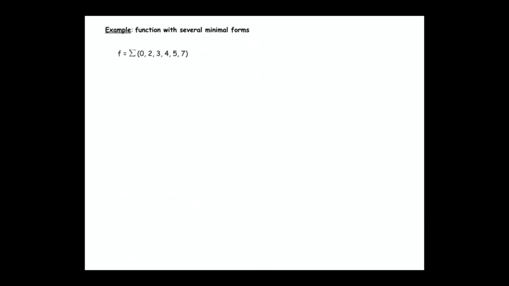Here we're going to look at an example with a function that has multiple minimal forms. Okay, so this is the function 0, 2, 3, 4, 5, 7. So three variables because they fit into 8: x, y, and z. Right, so we're drawing the K-map.